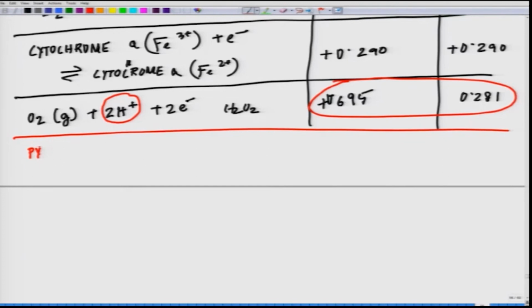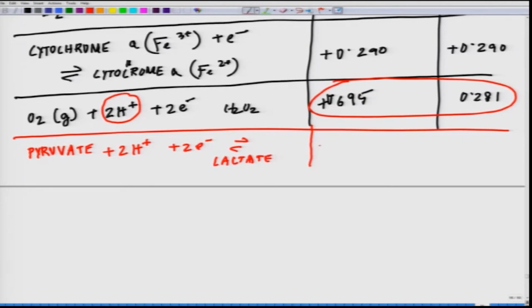Once again, pyruvate plus 2H plus 2 electron, this is making it a lactate.